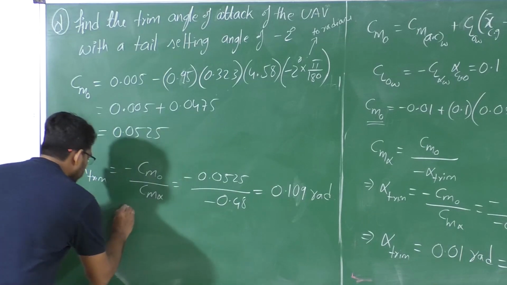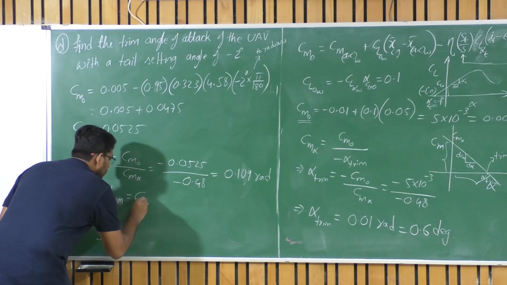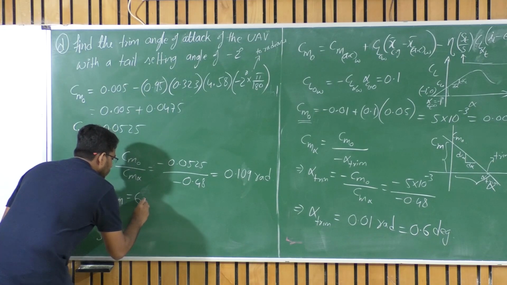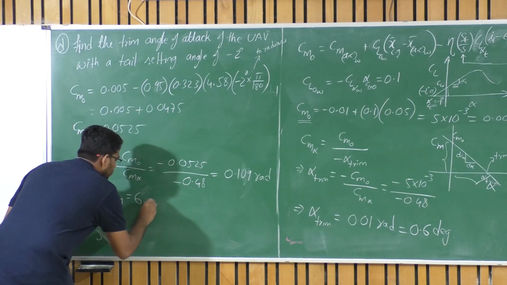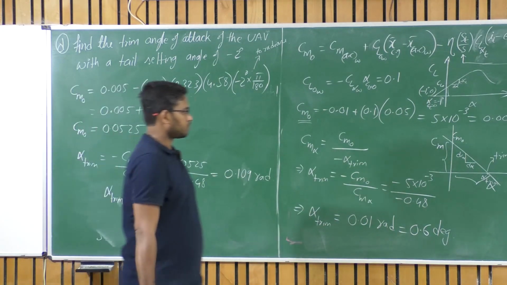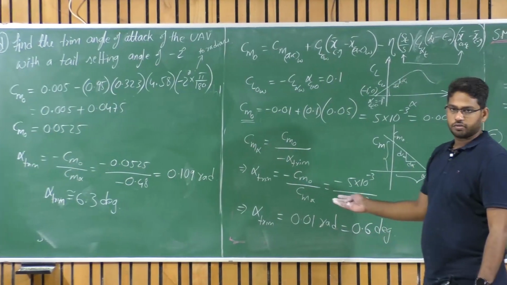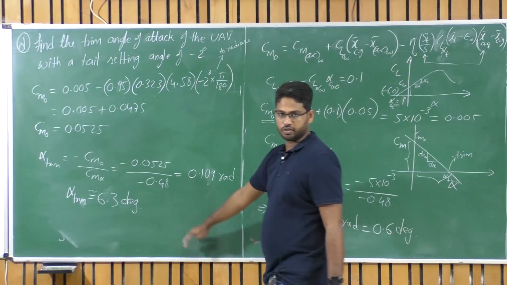So alpha trim is approximately 6.3 degrees. See, now you may be flying close to maximum aerodynamic efficiency, right? Higher aerodynamic efficiency here.